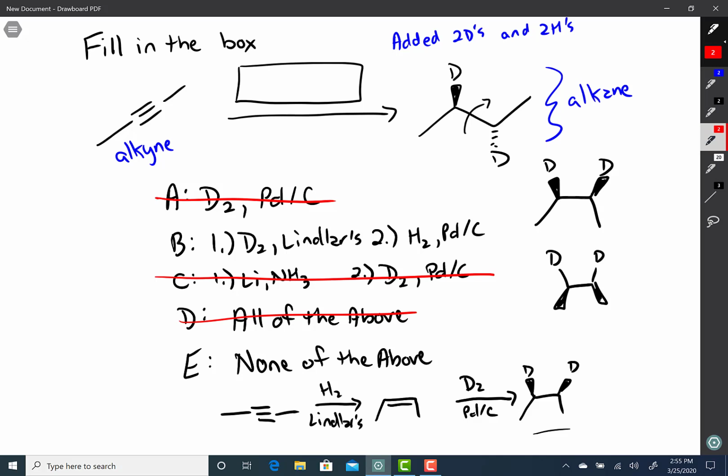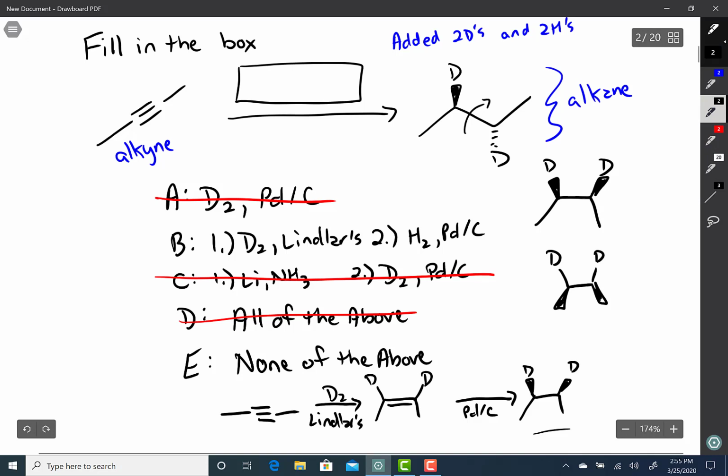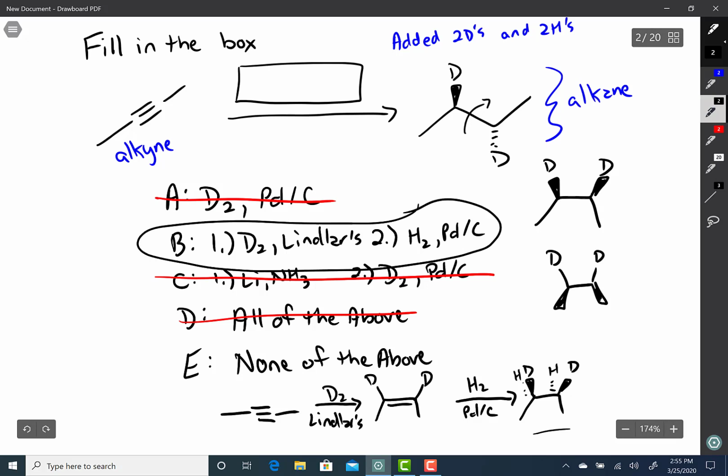So what you can do is instead of using hydrogen and Lindlar's first, you can go deuterium and Lindlar's first. That adds 2 deuteriums syn to each other. And then if you use hydrogen and palladium on carbon next, that adds 2 hydrogens syn to each other, which they are here. So B is the correct answer.